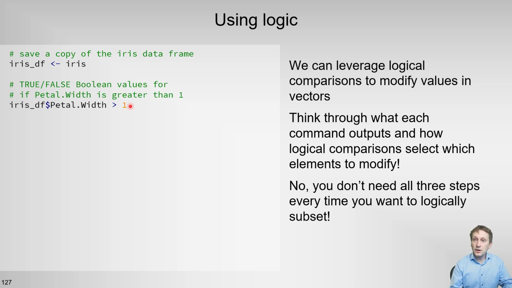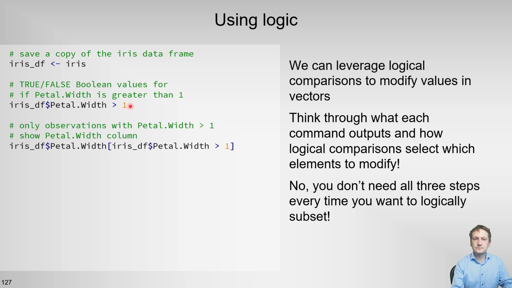So then later on we can use it as a selection criterion to select those cases, only those flowers where the petal width is larger than 1. So if we want to have only the observations with petal width larger 1, we can simply use the brackets to select those elements. So let's say we only want to have the petal width for those cases that have a petal width larger 1.